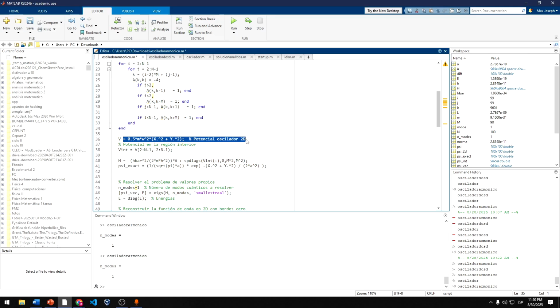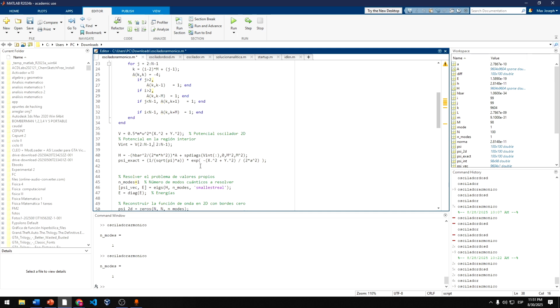Vamos a definir cómo va a ser la matriz de energía potencial. Es un medio de m por la frecuencia al cuadrado, x al cuadrado más y al cuadrado. Especificamos los nodos internos de la matriz de energía potencial; como ya los podemos calcular, solamente especificamos la parte interna, que va a empezar desde 2 hasta n menos 1.